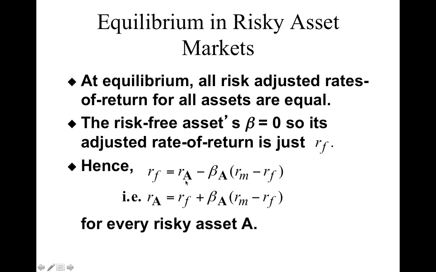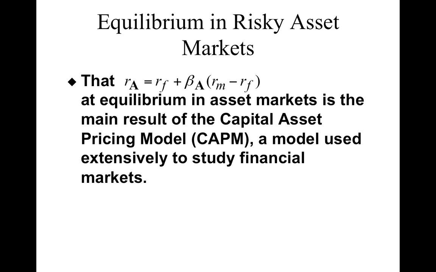Rf would be the rate of return on asset A minus the risk adjustment for asset A, which leads us to this equation where the rate of return on asset A is given as the risk-free rate of return plus a certain risk adjustment for asset A. So asset A could be anything, and therefore this equation holds generally for all assets.